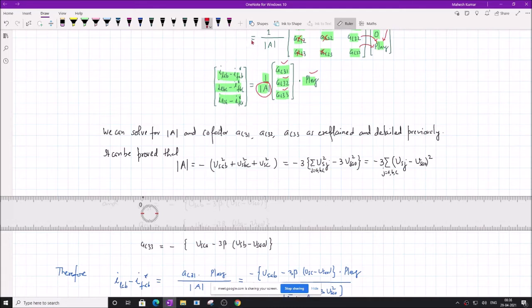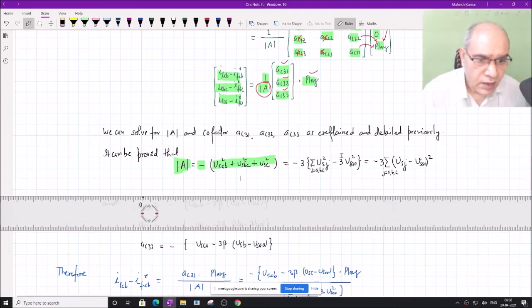Okay? So you will see that the determinant mod A is equal to minus BSAB square plus BSBC square plus BSC square, equal to minus 3 BSJ square, J for ABC, minus 3 BSA0 square, equal to also minus 3 BSJ minus BSA0 square.